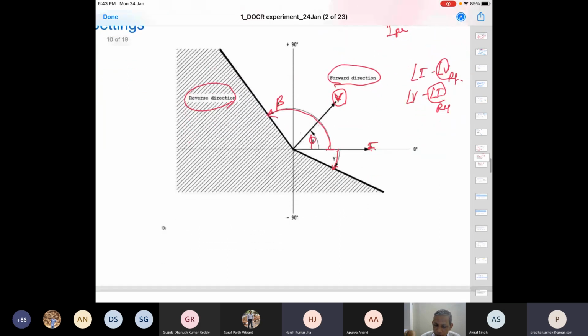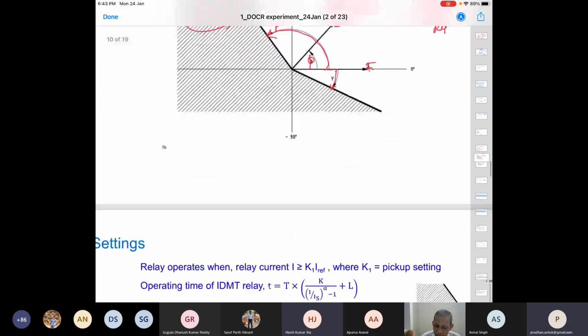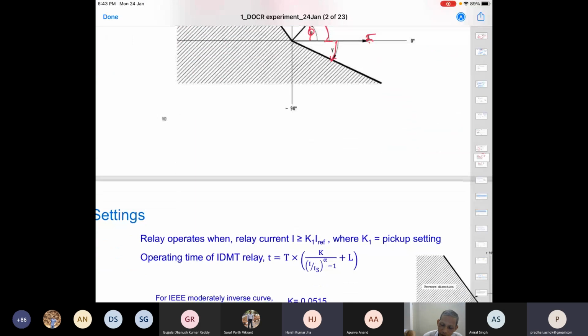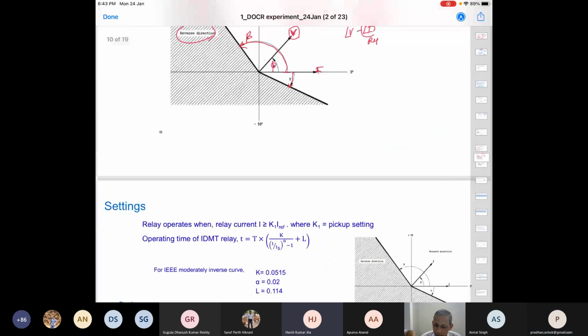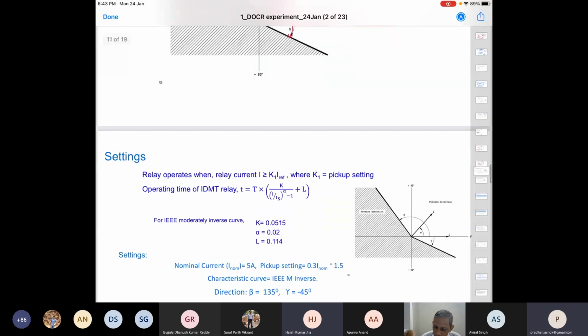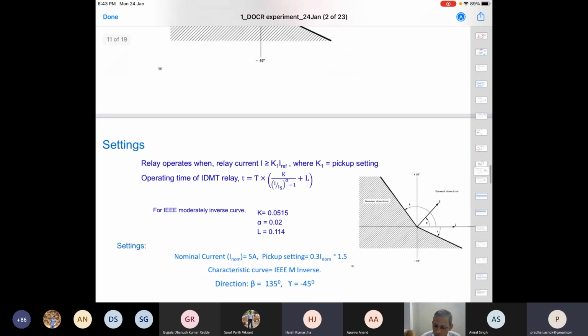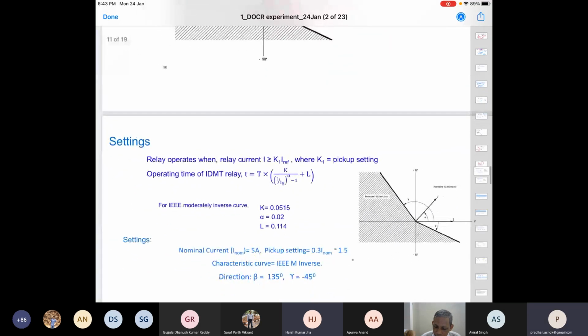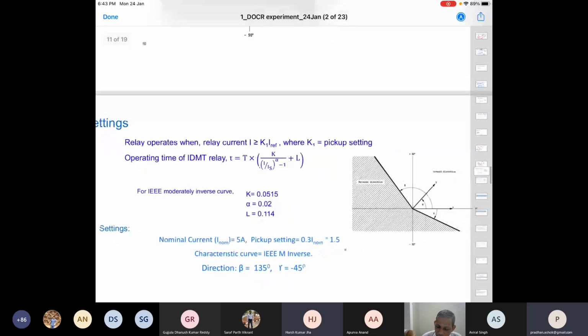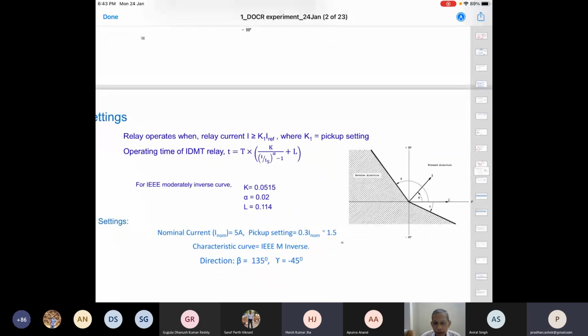So depending on the experience and expertise of the engineer and system knowledge, the settings are made in terms of different things. We will go for the setting perspective on the directional overcurrent relay and see.